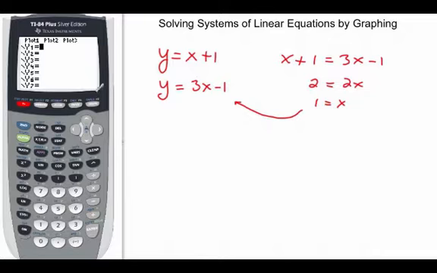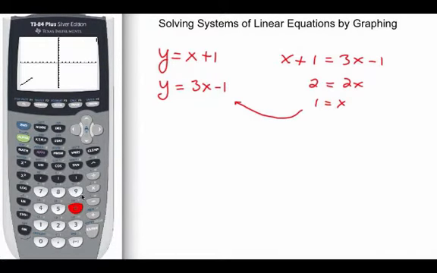Another possibility is to use our calculator and to come over here and in y equals make y1 equal to x plus 1, and in y2 we will put in 3x minus 1, and then we'll set ourselves a nice window, and I've chosen again a fairly easy one to start with, so we'll pick a standard zoom, and on the window we can see the two lines intersect very nicely.